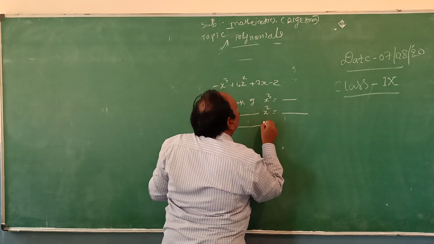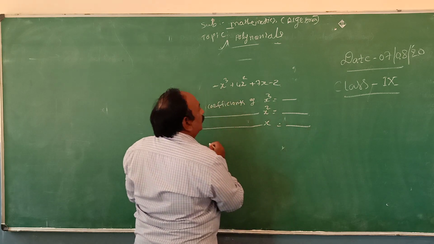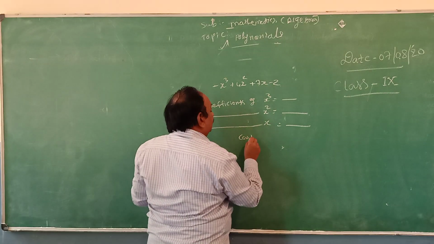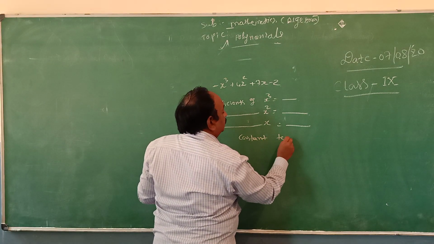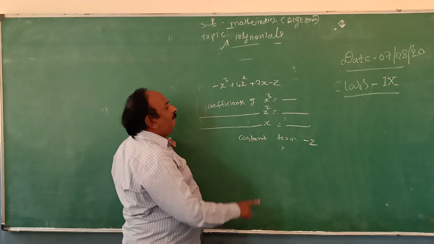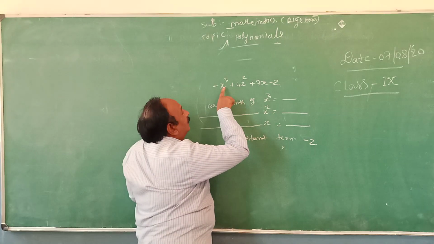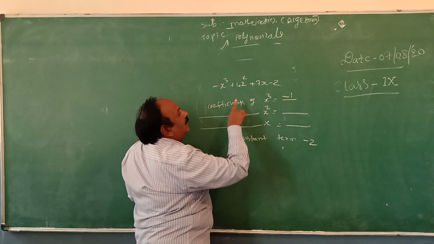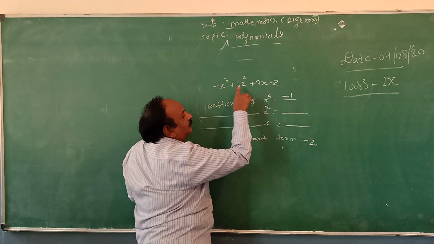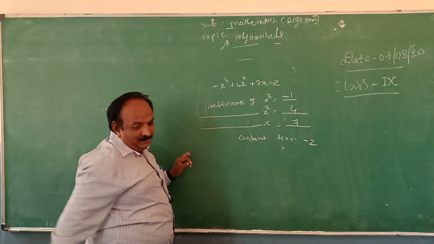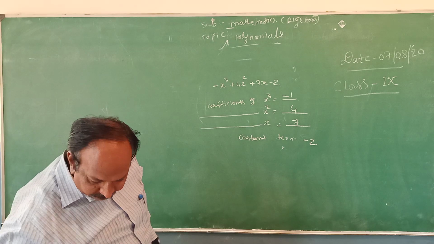The coefficient of x is dash. This is called the constant term. The constant term is minus 2. What is the coefficient of x cube? The coefficient of x cube is minus 1. What is the coefficient of x square? 4. What is the coefficient of x? 7.